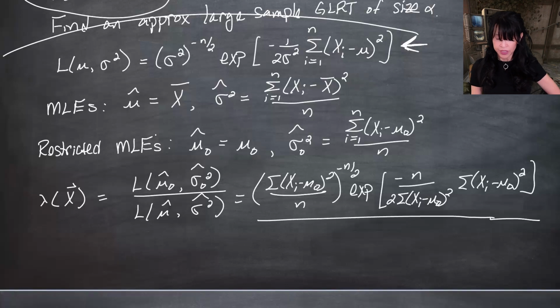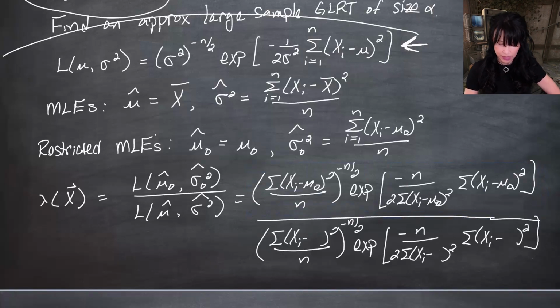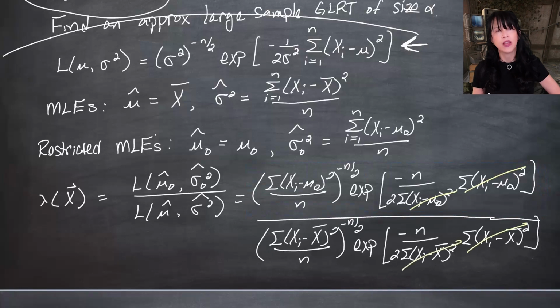The denominator is going to look the same, except that all of those mu naughts are going to be x bar. Let me just copy and paste here. I'm going to get x bar here, and x bar here. Those e's are pretty nice. Look what's happening. This is canceling with this, and this is canceling with this. And so as far as the e part goes, I have e to the negative n over 2 divided by e to the negative n over 2.